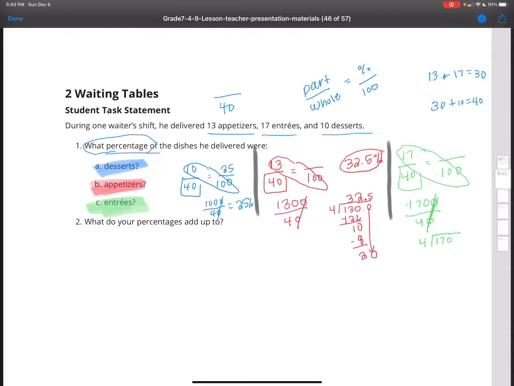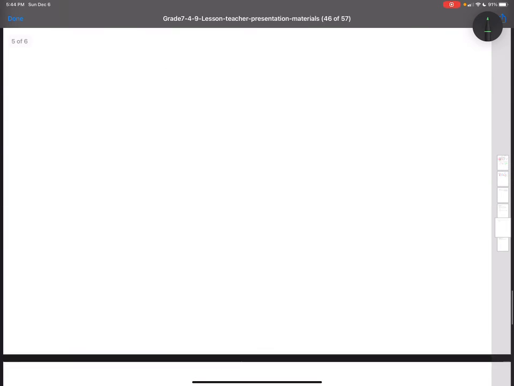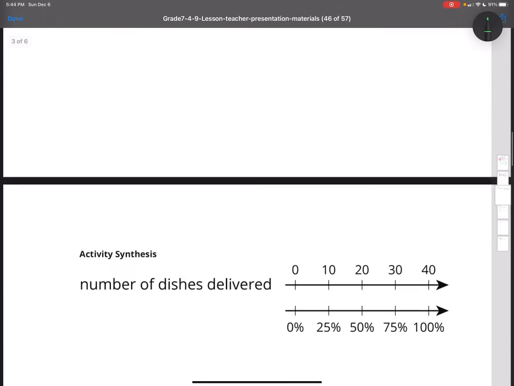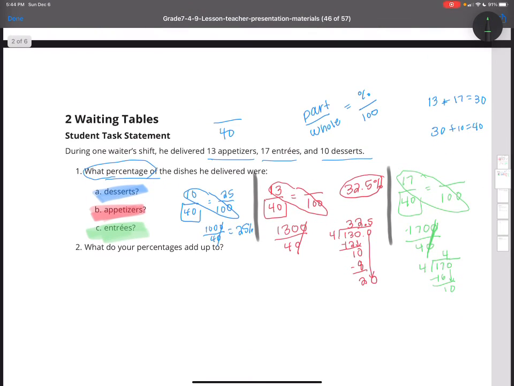Now you ask yourself, how many times can 4 go into 17 without going over? If you guess 4 times, you're absolutely correct. How many times can 4 go into 10? Oops, I'm sorry about that. I hate when my iPad does that. 4 can go into 10 twice, which is 8. Add my decimal, drop it. And how many times can 4 go into 20? That's 5 times. All right. So it's going to be 42.5%, or 42 and 5/10%.